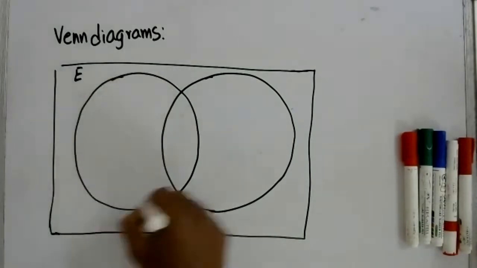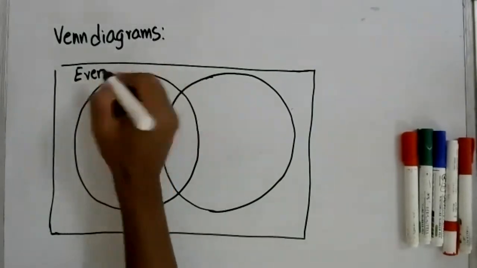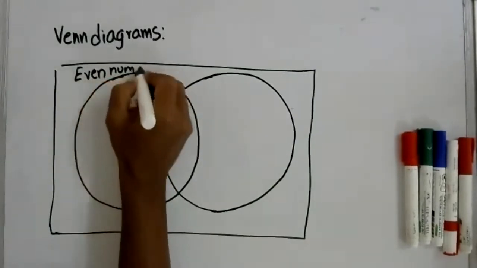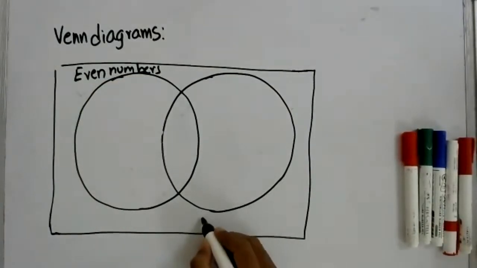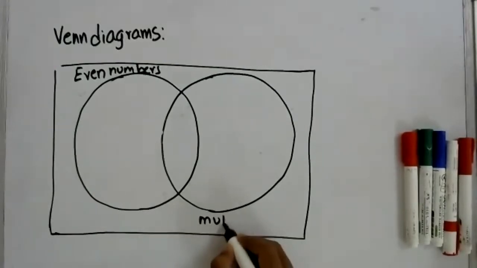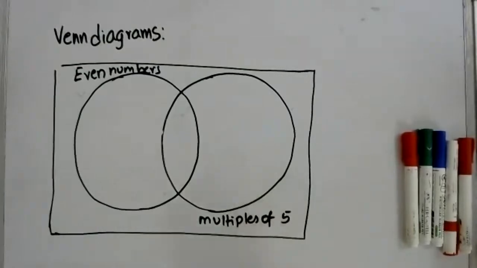We say that this circle over here is all the even numbers. Say for example. And we can say that this set is the set of numbers which are multiples of 5, say for example.